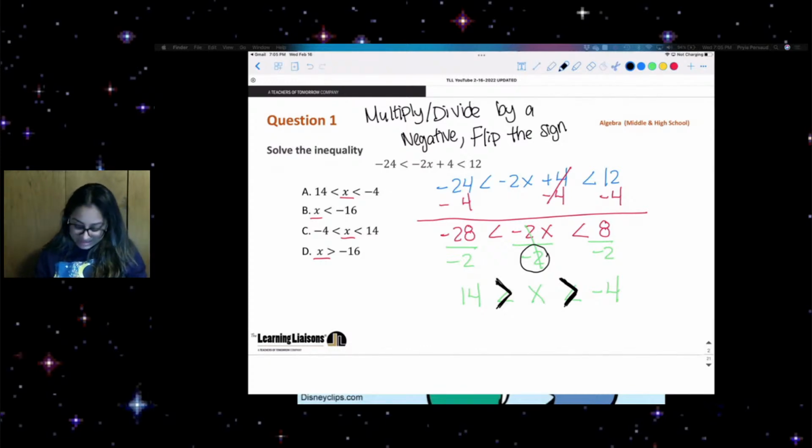Now that I'm finished with my problem, I'm going to go to my answer choices and look for something that says the 14 is being eaten and the x is being eaten. It's not A because A is without it being flipped. And if you noticed, B and D both only have one inequality.